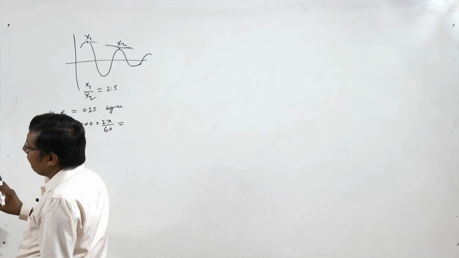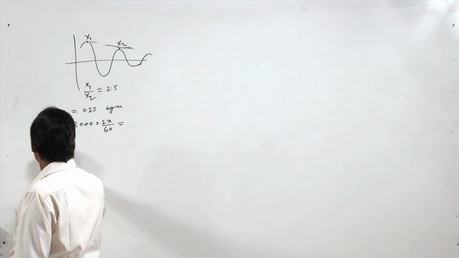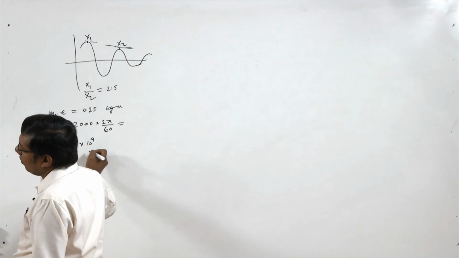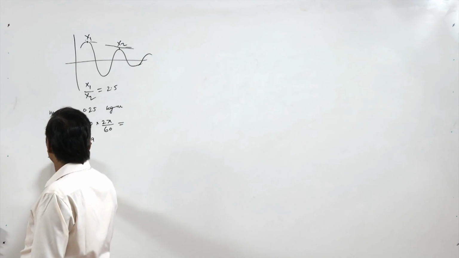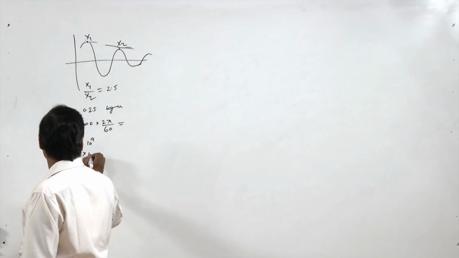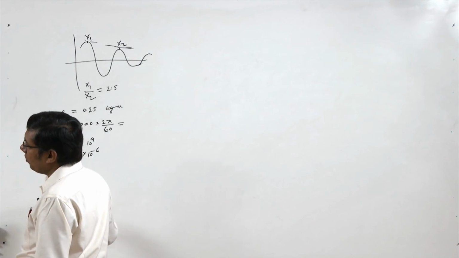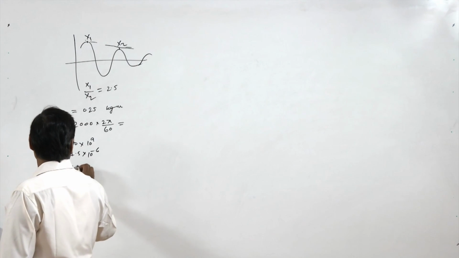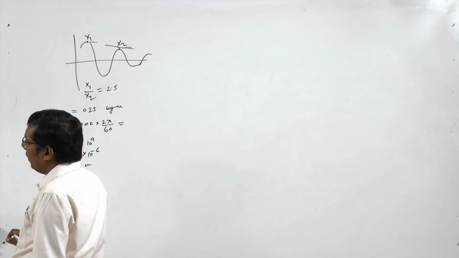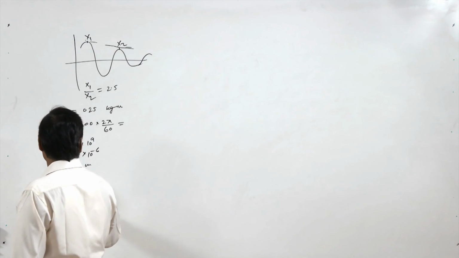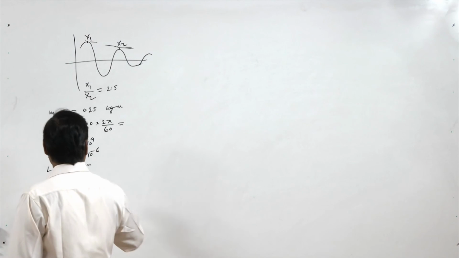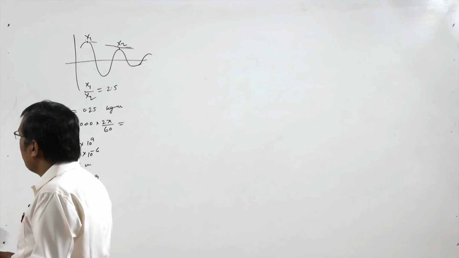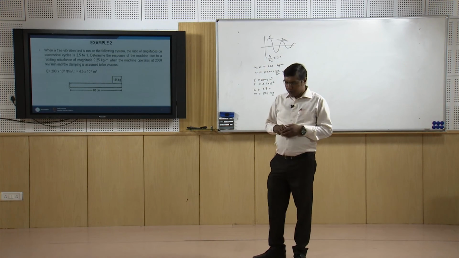And we are given some information about the beam. E equals 200 into 10 power 9 Newton per meter square, I equals 4.5 into 10 power minus 6 meter to the 4, length of the beam is 80 centimeters, so it is 0.8 meter, and the mass of the machine is 125 kg. We have to find the response of the machine due to a rotating unbalance.